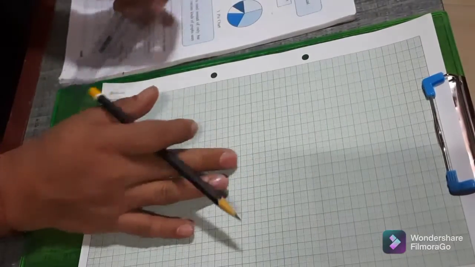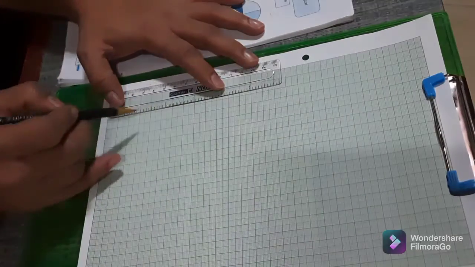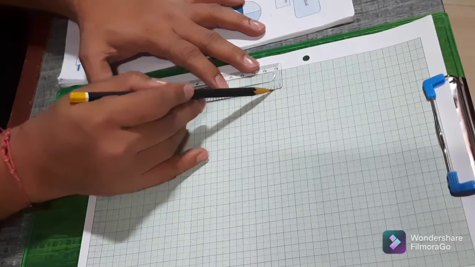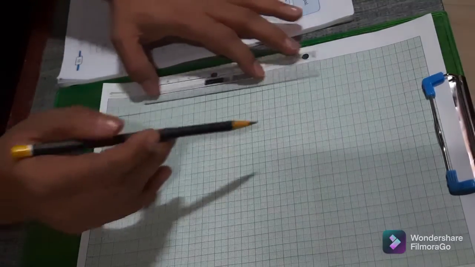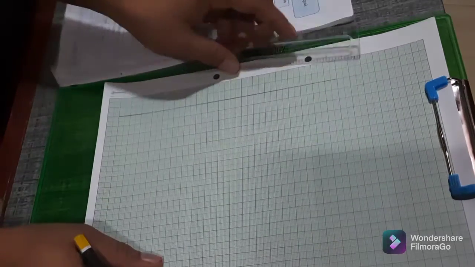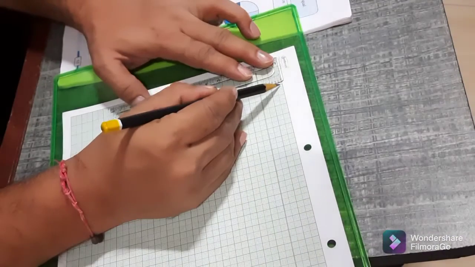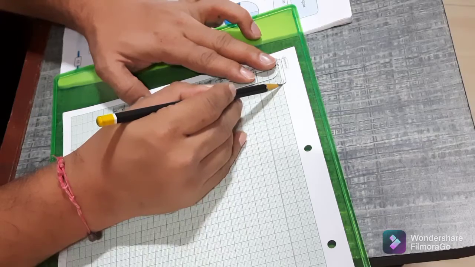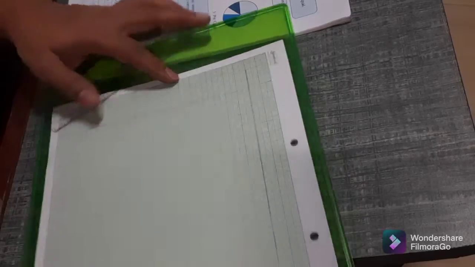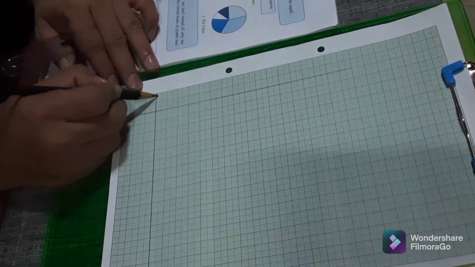This is the graph paper on which we have to draw this. First of all, we have to draw the x-axis and y-axis. This is the y-axis and this is the x-axis. We have to show the arrow over here.